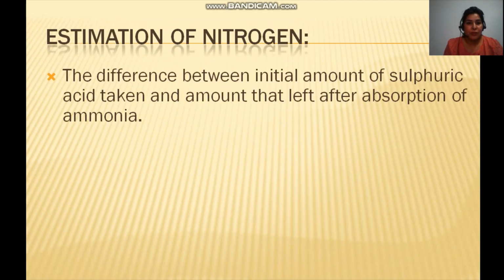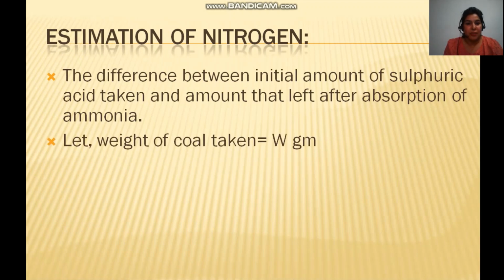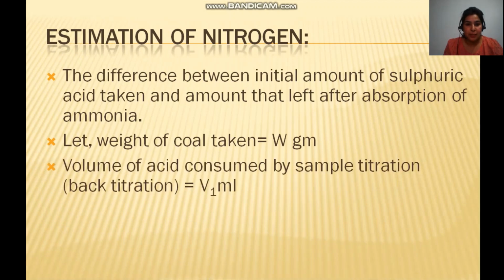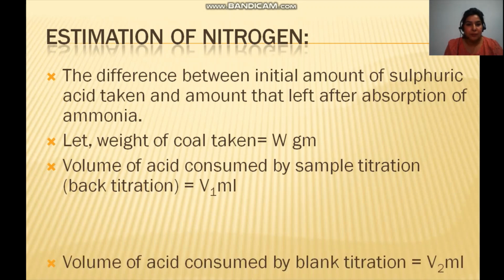So now, by the difference between the initial amount of sulfuric acid taken and the amount left after absorption of ammonia, we can find the result. Let us say we have W gram of coal taken in the Kjeldahl flask, and the volume of acid consumed by sample titration, that is back titration, where ammonia gets absorbed in that acid, with the titration endpoint at V1 ml.